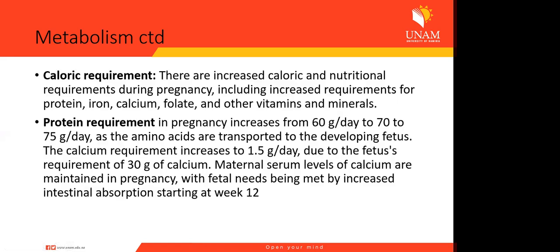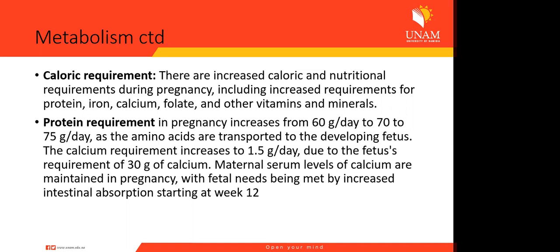Metabolism continues. There are increased caloric and nutritional requirements during pregnancy, and it makes sense because you need to feed the baby and also the growing body of the parturient. So there's increased requirement for protein, iron, calcium, folate, and so on.